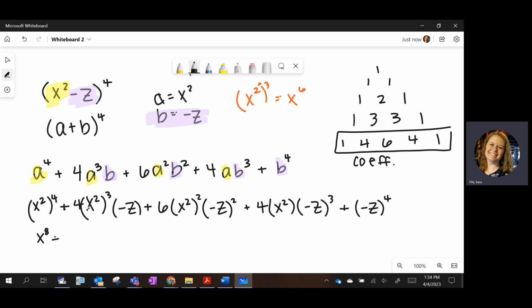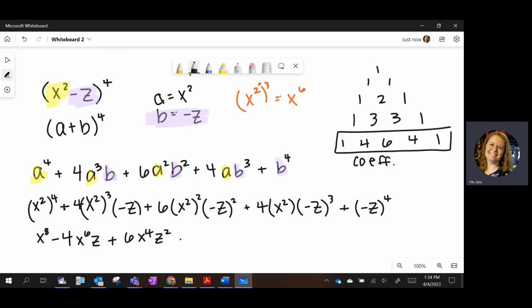This is actually going to come out negative because the negative z is an odd power. So this whole term will end up negative, so I'm going to write that as minus. No other number for the coefficient, it'll stay 4. And then I'll be x to the 6th z. This one's going to come out positive because the negative is squared. It'll be plus 6x to the 4th z squared.